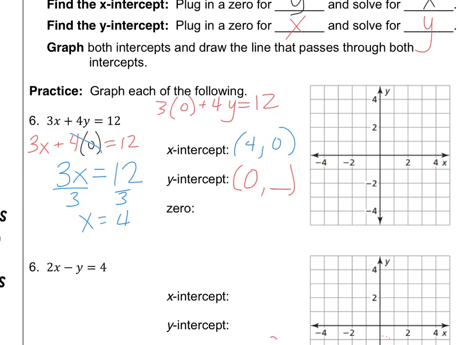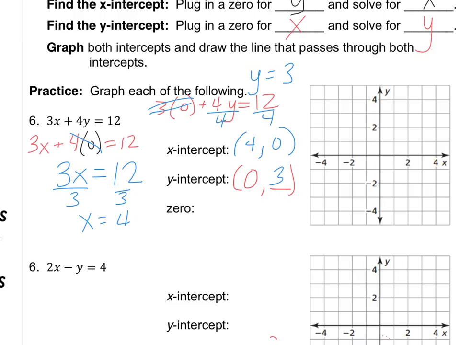Well, I know right off the bat that I can just cross out this 3 times 0. So I'm left with 4y equals 12. When I divide both sides by 4, I have y equals 3. So my y-intercept is 3.